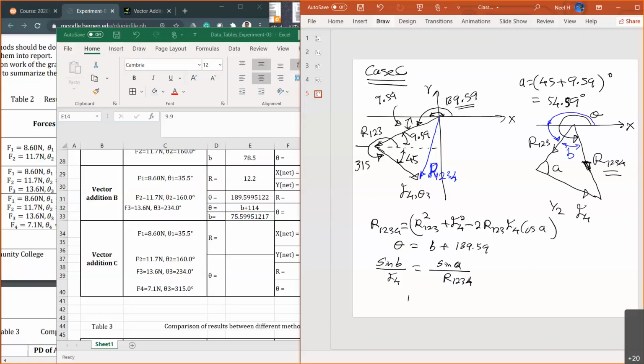So which means B is equal to sine inverse of F4 divided by R of 1, 2, 3, 4 times sine of A. Be careful with those functions when you're writing in Excel, because it has to be a certain way. Since we already did two of them, it should not be difficult at all. But again, that is not the real theta we're looking for. To get the real theta, you have to do this addition again. Okay, then you will get the right answer. Question.